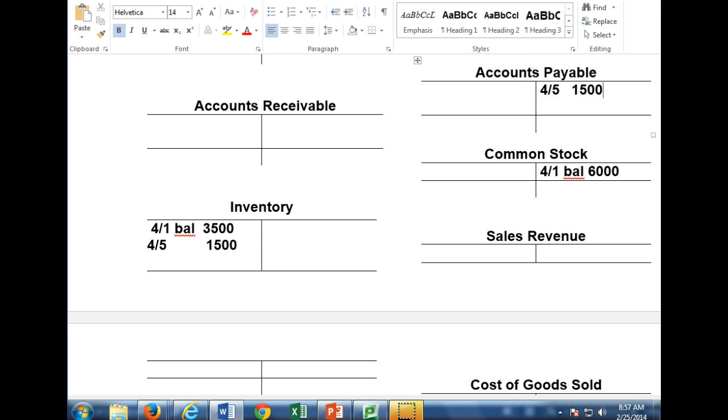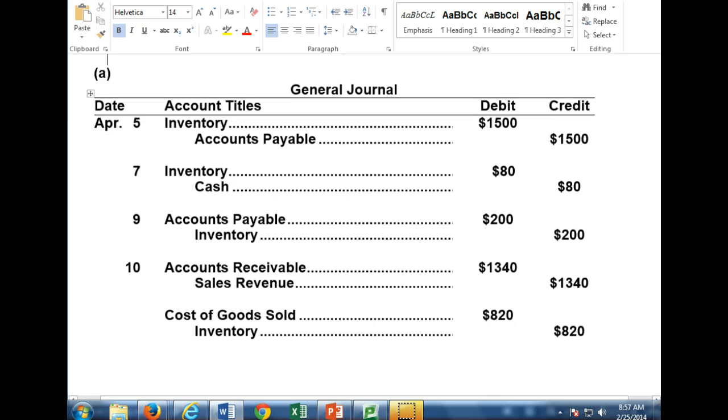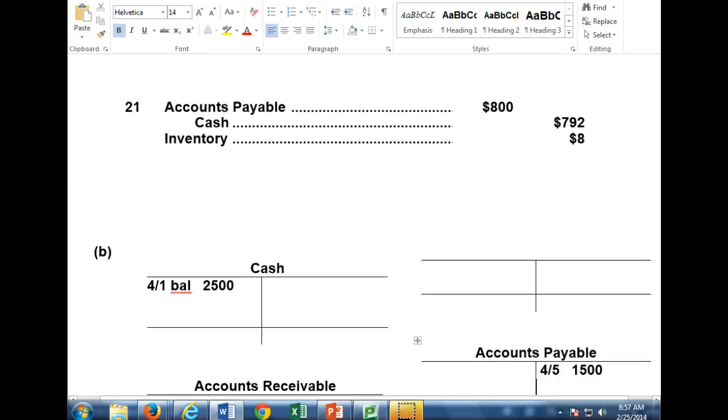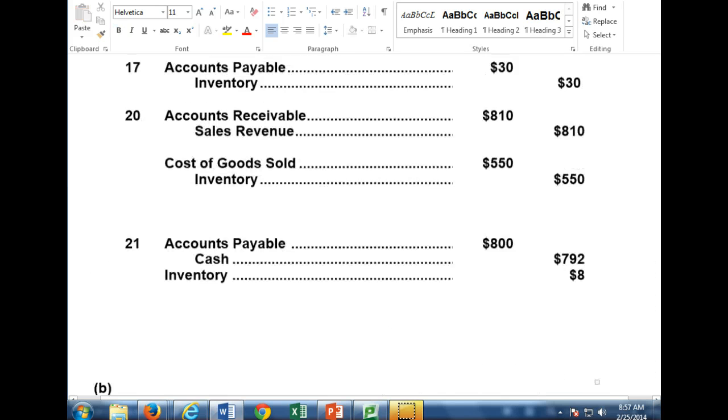Let's look at the other transaction we have. On April 7th, what are we going to do with inventory? Debit it for $80. And what happens to cash? Decreases for $80. So our inventory on, what is the date of that again?